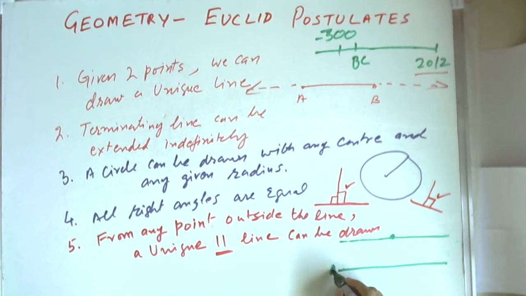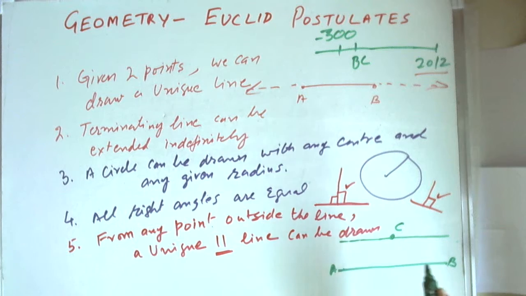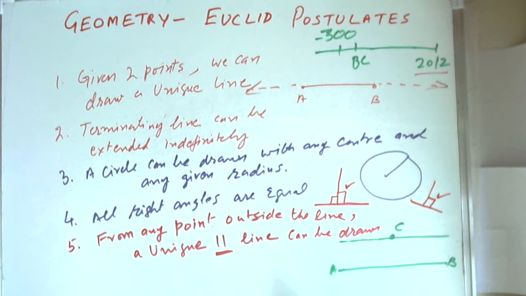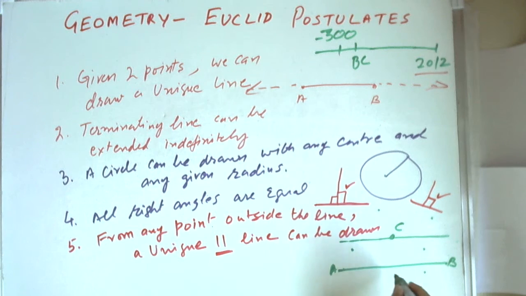So this is suppose line AB, and this is the point C. So from point C, we can always draw a unique line that will be parallel to AB. So there will always be one line which will be parallel to AB if the point C is outside the line AB. So the point could be here, here, here, here. From all these points, we can always draw a line that will be parallel to this basic line.